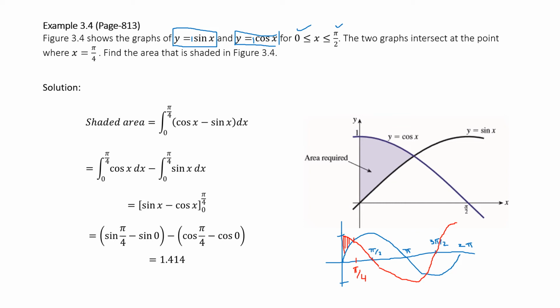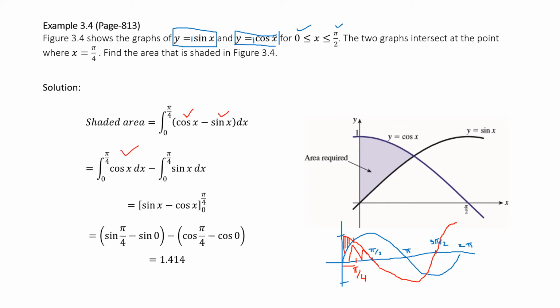So area from 0 to pi by 4, and the subtraction between them. First function minus second function. If we subtract, this lower area will be cut out and the upper area will be left.